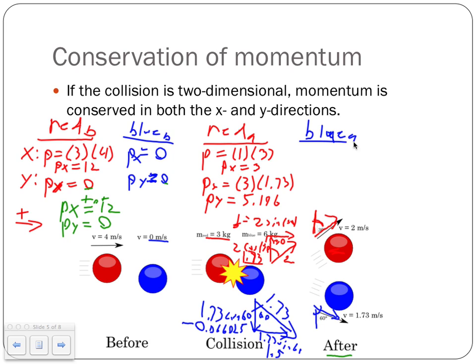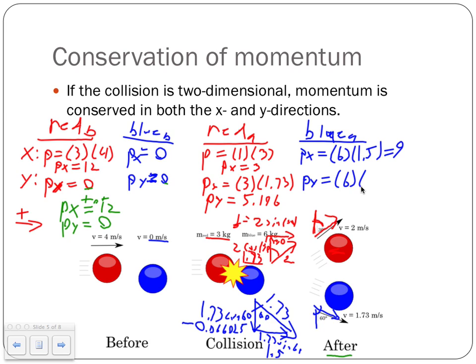So let's look at the blue after the collision. After the collision, the momentum in the x direction should be equal to the blue's mass, 6 kilograms, times the blue's velocity. The blue's velocity in the x direction we found to be 1.5, and it is positive. It's still going off in that direction. So we say 6 times 1.5, and so we get a total of 9 kilogram meters per second in the x direction. And then in the y direction, Py should be equal to the mass, which is 6, times the velocity.